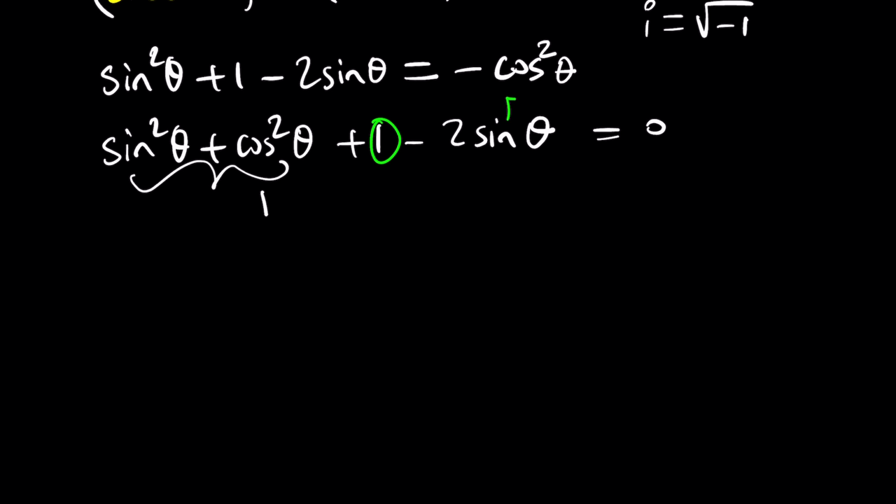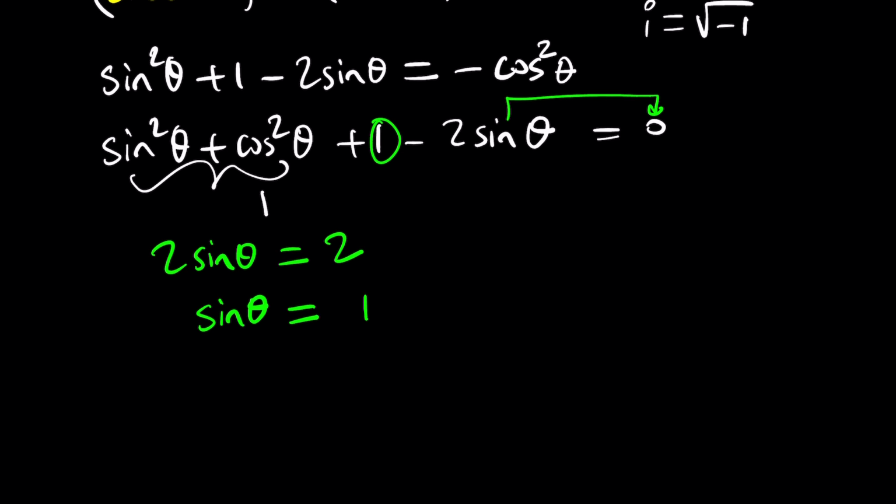And at this point, you could probably just move the sine to the other side, switching sides here automatically. 2 sine theta equals 2 gives us such a simple equation, right? Let's divide both sides by 2, and that gives us sine theta equals 1, which is awesome, don't you think? Great, so that's so simple, right?